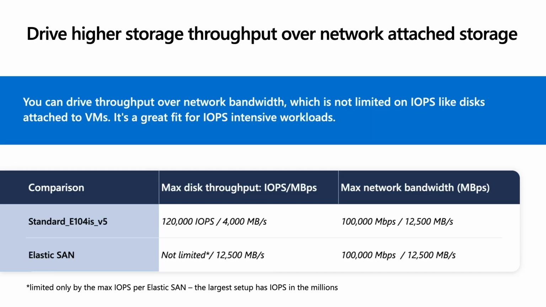Talking about workloads, when you have a workload that requires high throughput, you might run into limits of the disk throughput on your VM. For example, say you're using an Azure Standard E104 v5 VM, which is capped at 120,000 IOPS and 4,000 megabytes per second. Now, for your quarter-end reporting, you need very high throughput to complete the data processing in time.